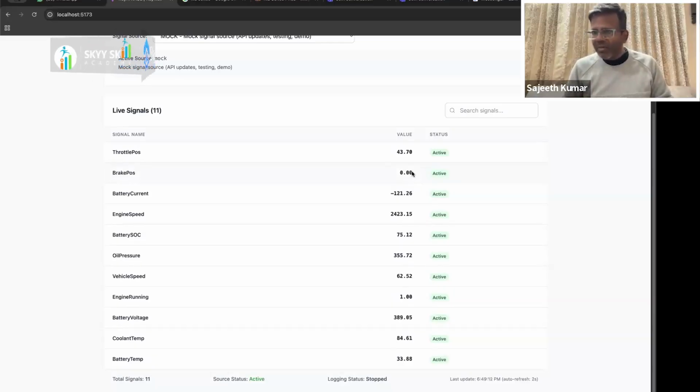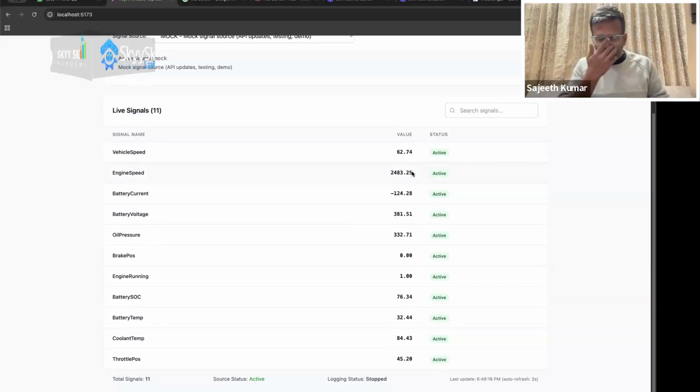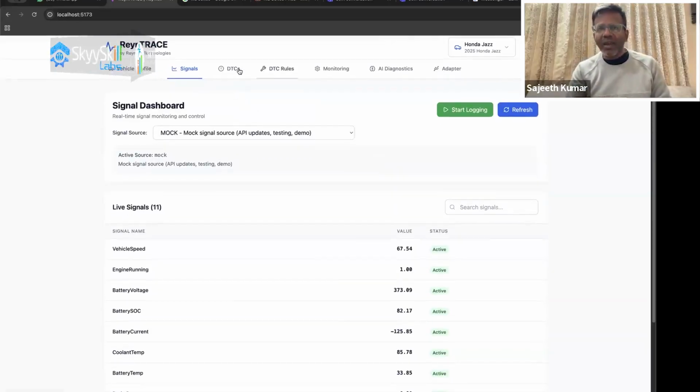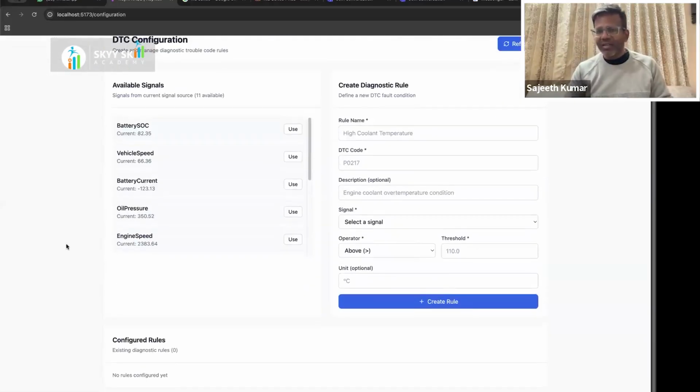So remember all your mathematical models, all your machine learning models. Every single machine learning model and probably your digital twin is going to be written in Python, right? Which means it can also work with Python, right? So that's the beauty of it. You can get your data from anywhere. And then we have the DTC rules, right? So I said there are rule-based DTCs.